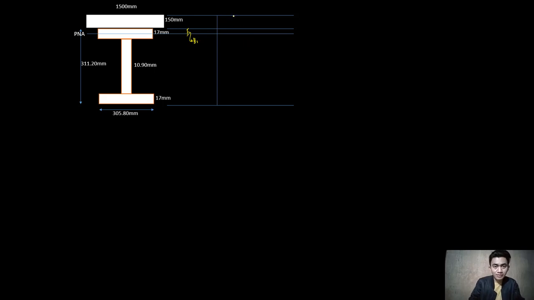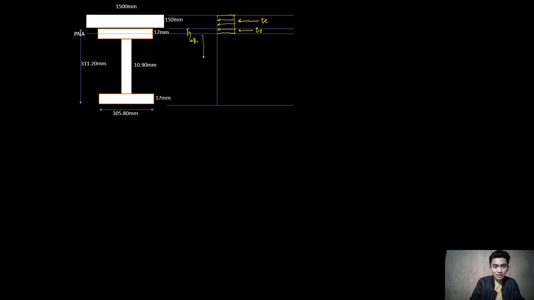So if we are going to draw now our diagram, what will happen? I will have here our compression diagram, wherein we will have compression due to concrete, and then at this small part, we will have compression due to steel.